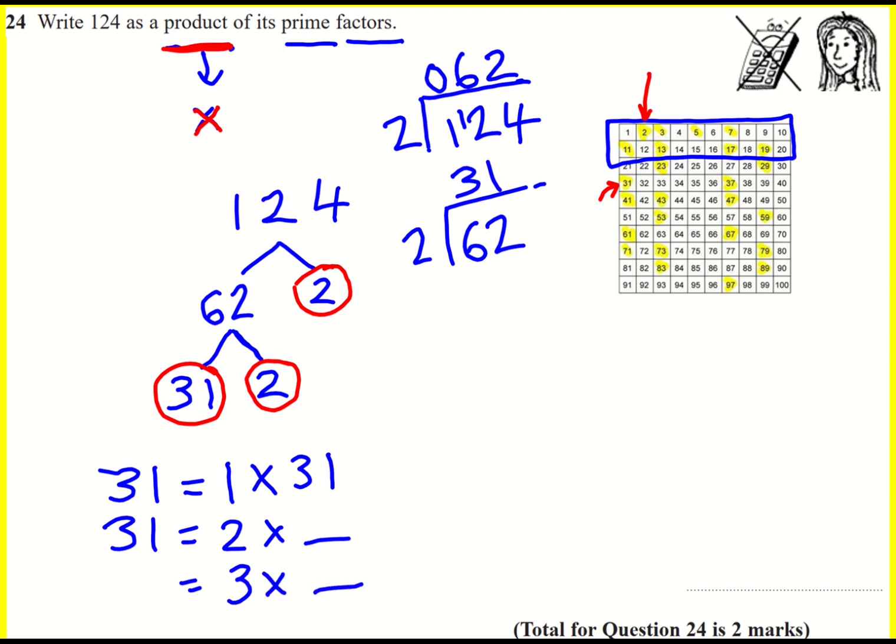Well, you can do your 3 times table, and if 3 goes into 30, then 3 is not going to go into 31. 4, well, 4 would give you an even number, so no, it's not going to go. 5 doesn't go into it because it doesn't end in a 0 or a 5. 6, you can go through your 6 times table again. 6 goes into 30, so 6 is not going to go into 31.